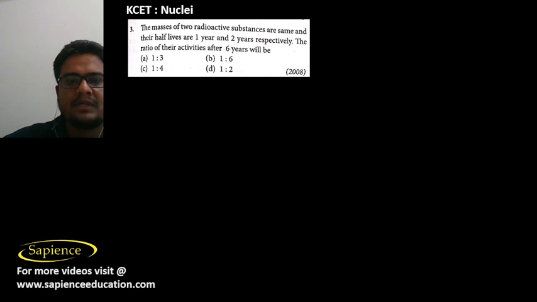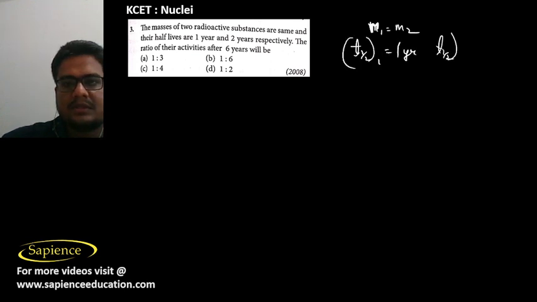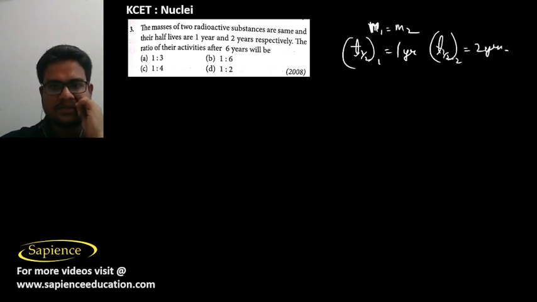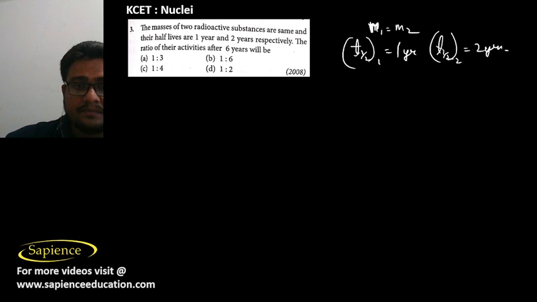The ratio of their activities after 6 years will be. The masses are the same, M1 equal to M2. The half-life for the first one is 1 year, and for the second substance is 2 years.